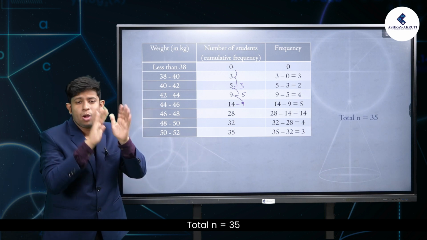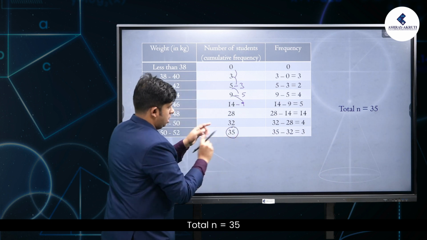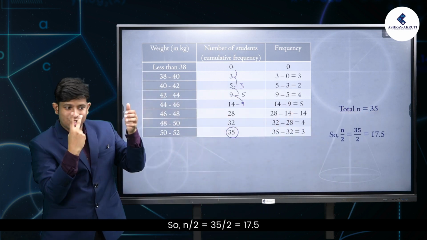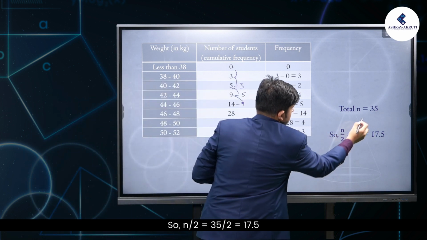Total n is equal to 35. So, n by 2 is equal to 35 by 2, that is equal to 17.5.